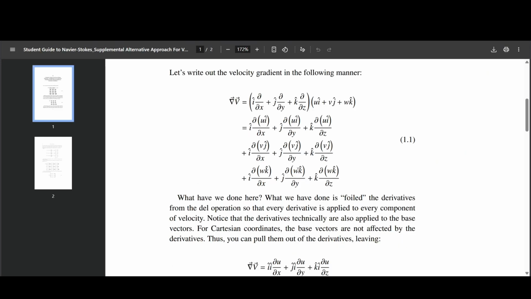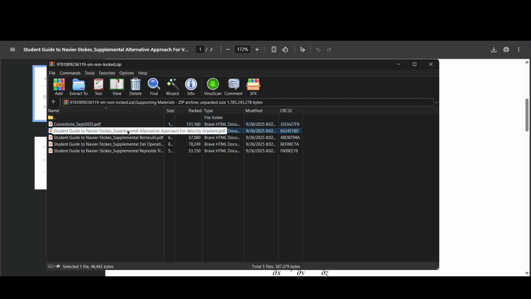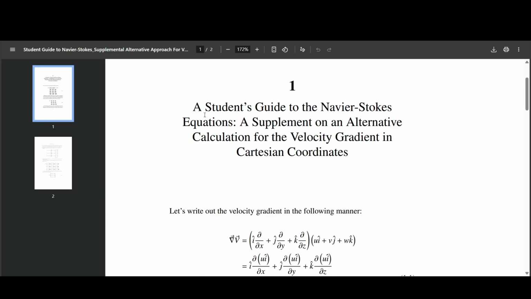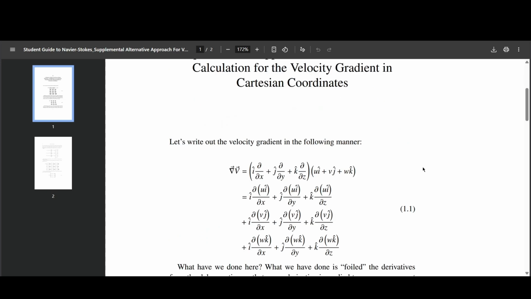This is the first page of the alternative approach for the vector gradient: Student's guide to the Navier-Stokes equations, supplement on an alternative calculation for the velocity gradient in Cartesian coordinates.